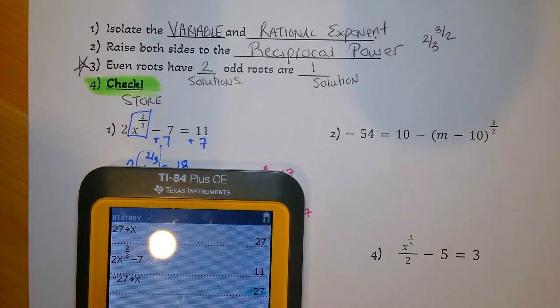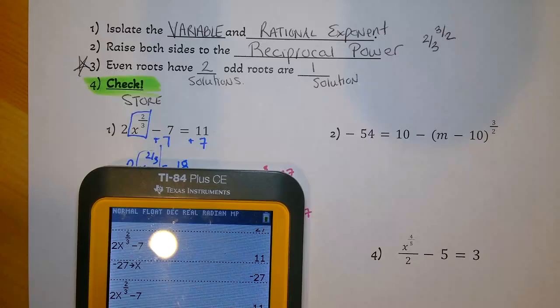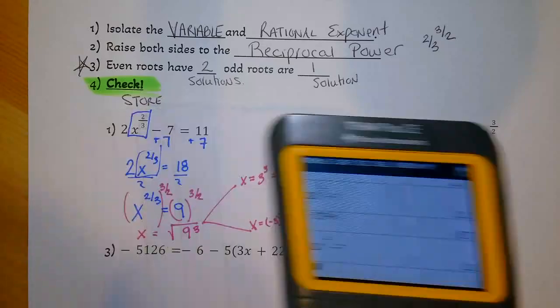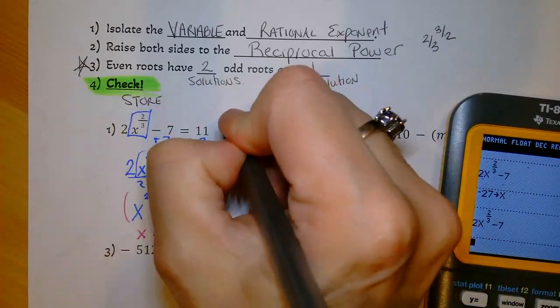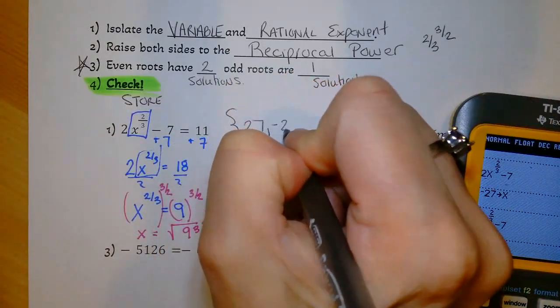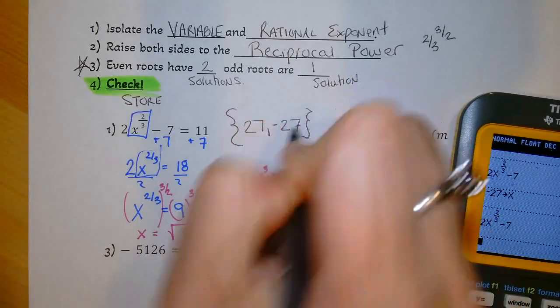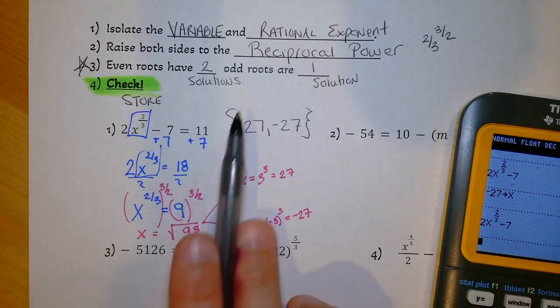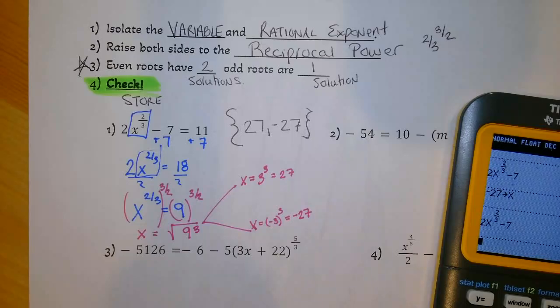Now once I've got it typed in, I'm just going to arrow up and grab that. I get 11. Nothing is extraneous. So in this case, I'm going to identify both answers. I have 27 and -27. Okay, so this is going to happen when we have an even root. We can get 2 solutions.